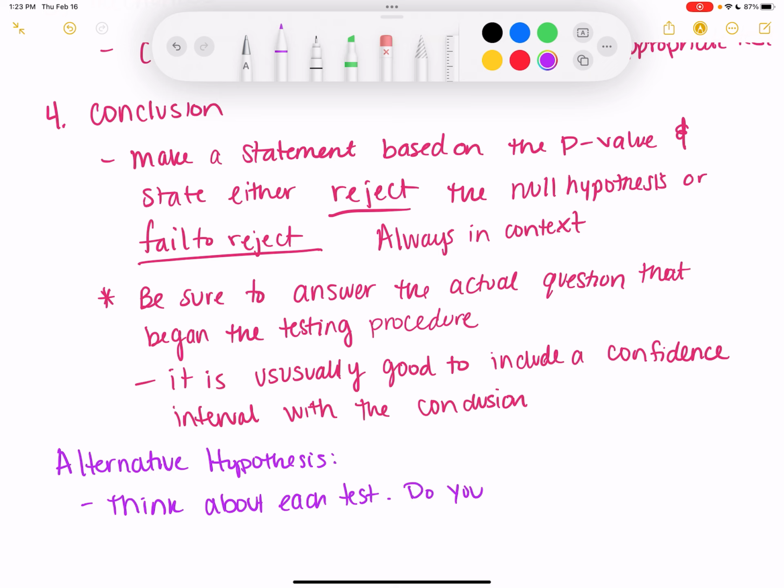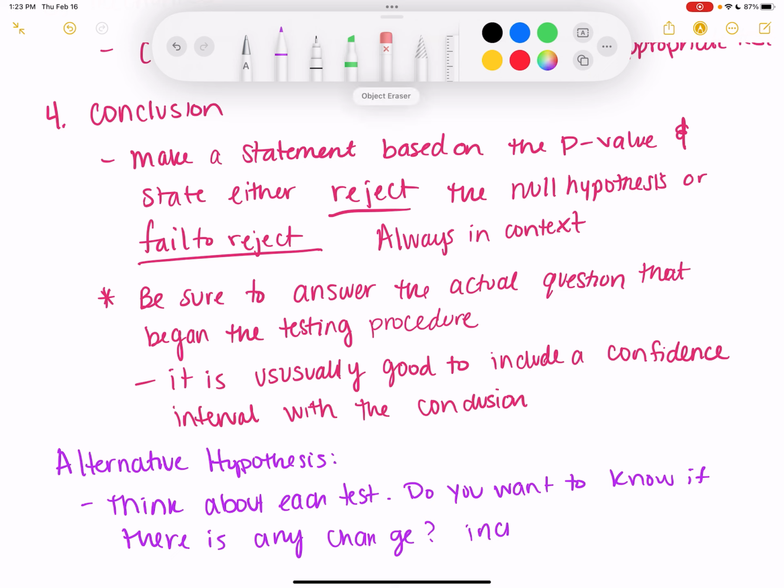Do you want to know if there is any change, increases or decreases?